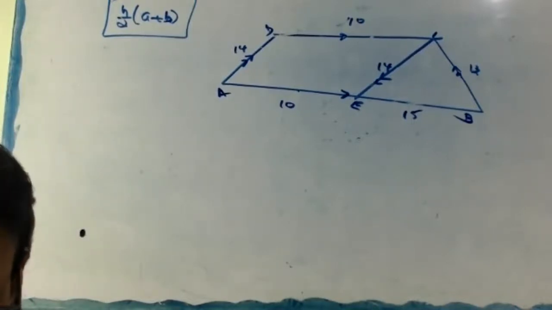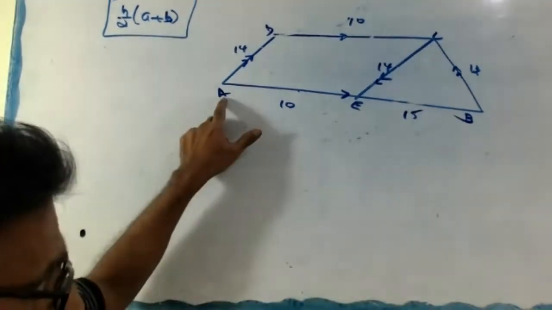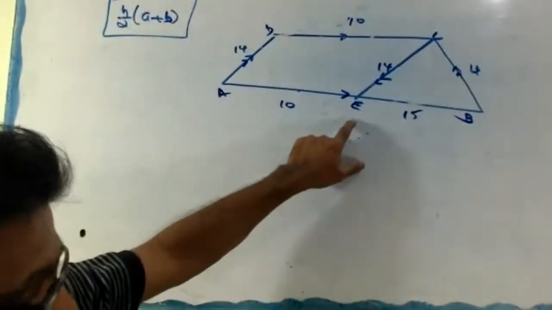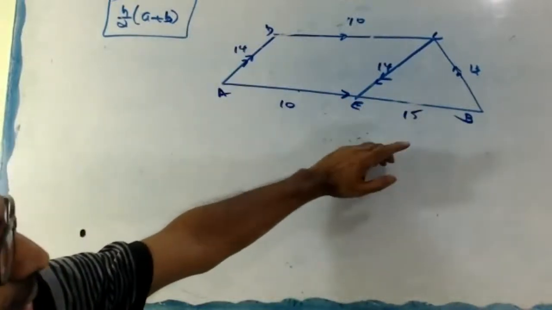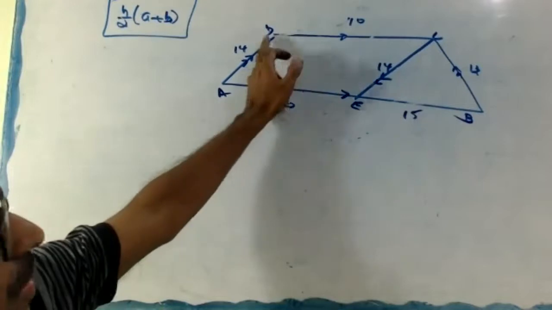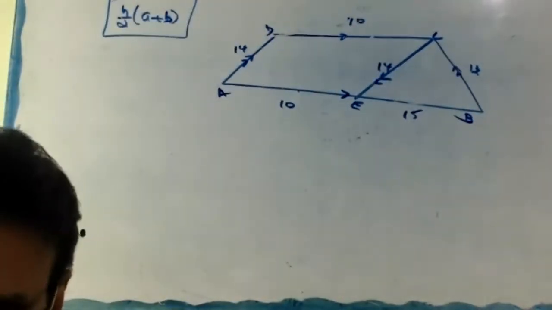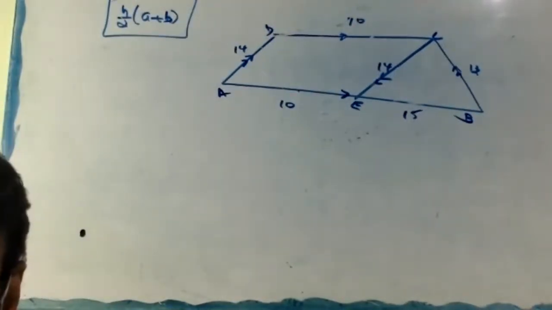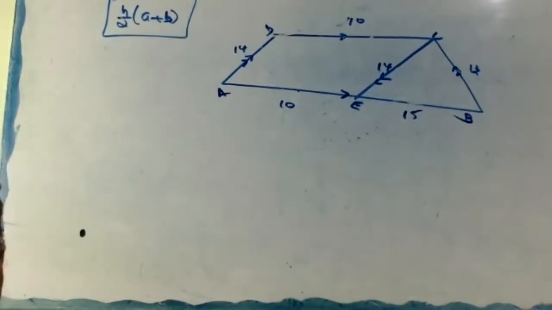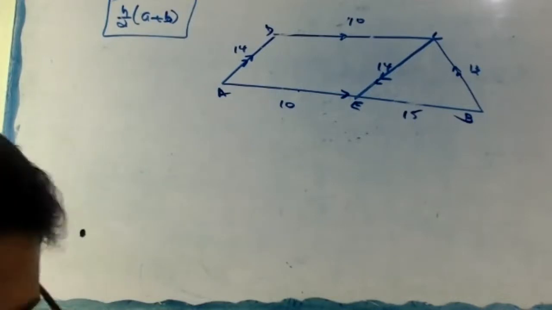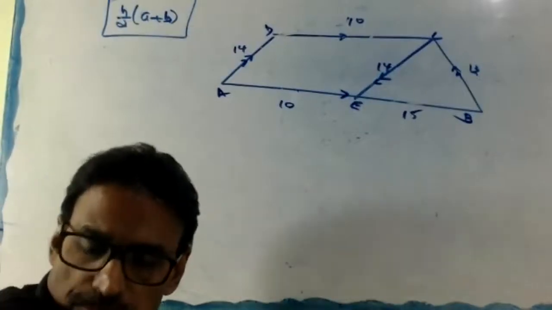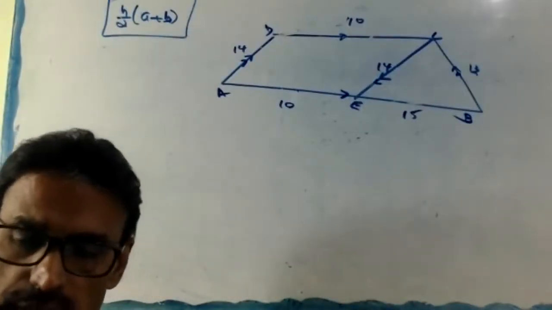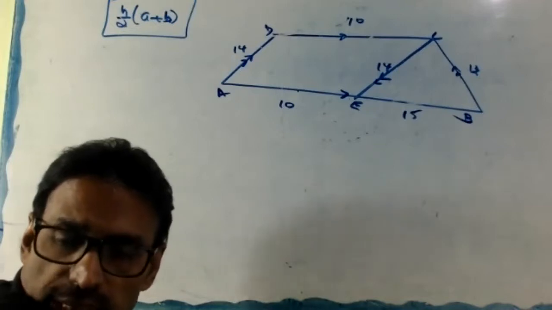After that, AD equal to CE equal to 14, AE equal to DC equal to 10, in bracket, in a parallelogram, opposite sides are equal. Up to here, okay or not? Now clear all?